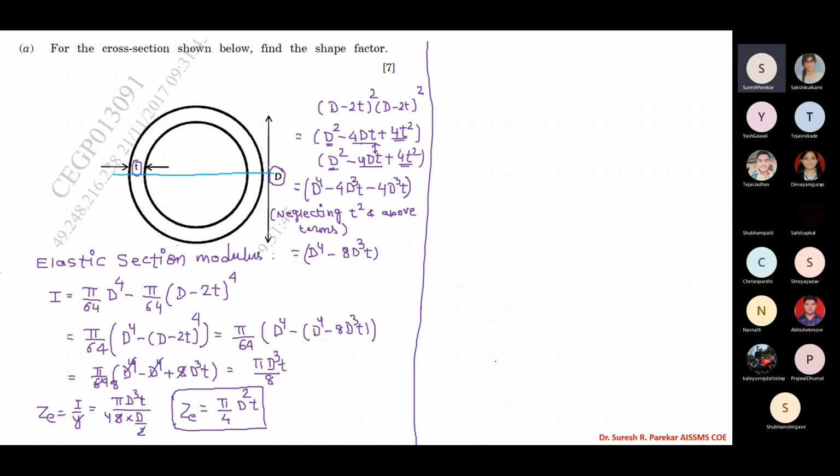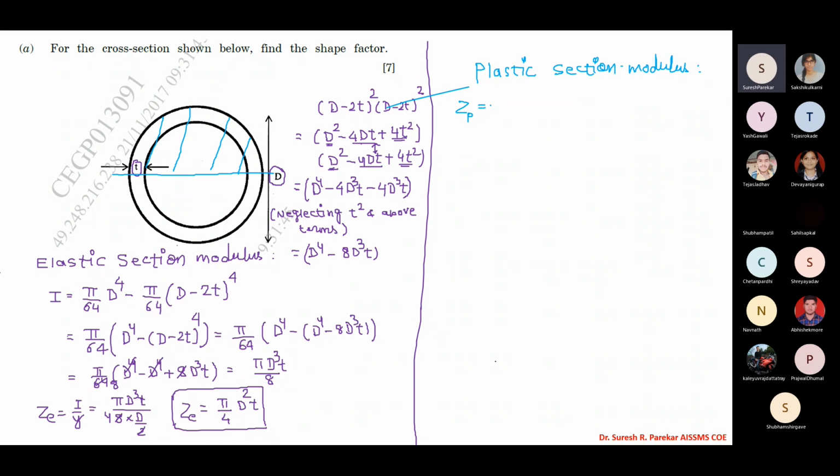Now we will again take twice. So we have plastic section modulus, and then we have ZP is equal to, first we have to consider whole area. So this area.